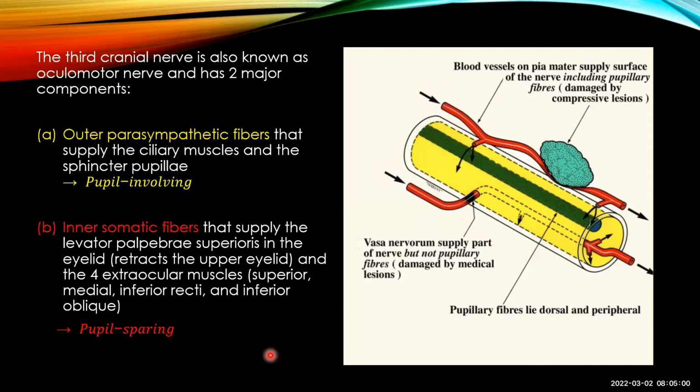So any damage caused by ischemic changes or vasculopathic cause can cause inner somatic fiber damage, and hence giving rise to ptosis as well as limitation of extraocular movement. In this case, the pupil is always spared, meaning that you do have a normal pupil examination, and hence we are calling this pupil sparing third nerve palsy, which was previously well known as a medical cause of third nerve.